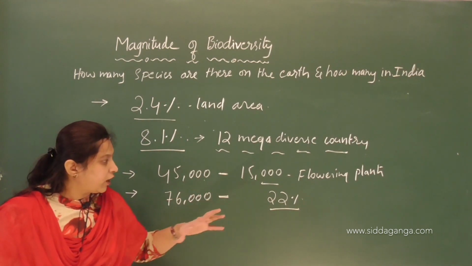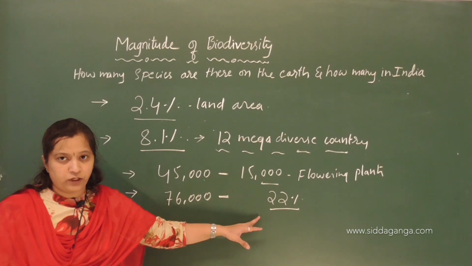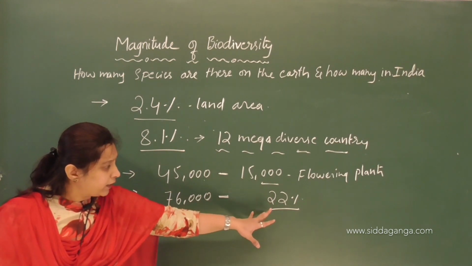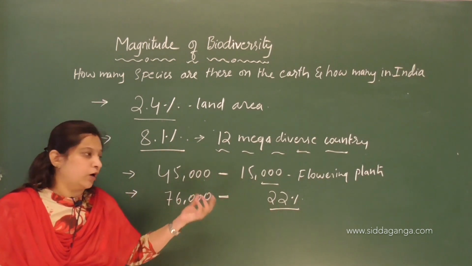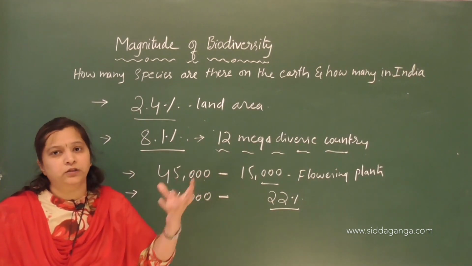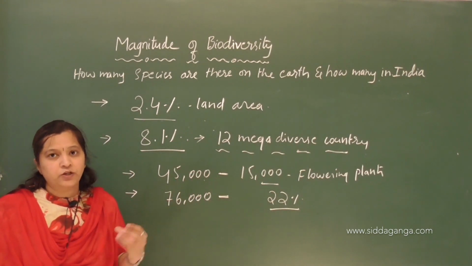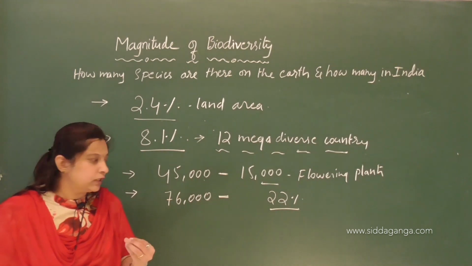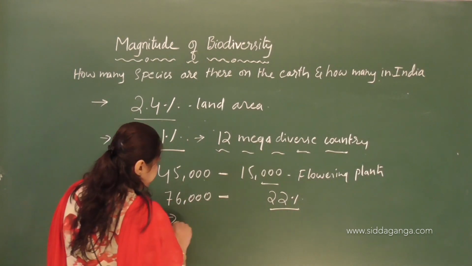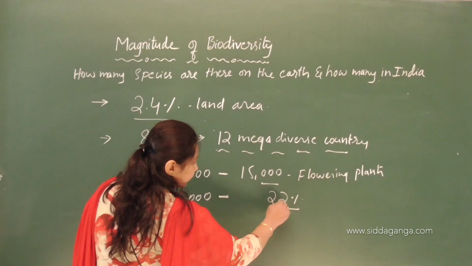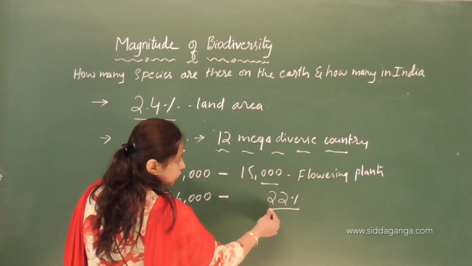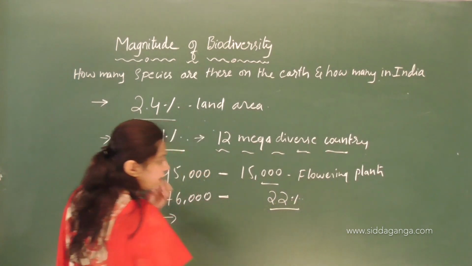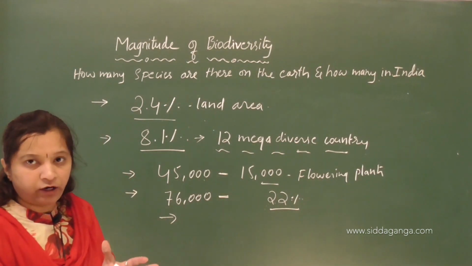If we apply this data to India's species diversity, then when we talk about the globe, only 22% of the plants and animal species have been recorded, right?